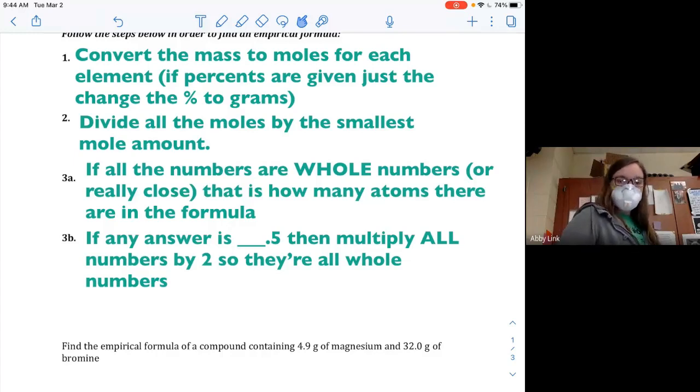And so really you want to think about the fact that those numbers are representing the atoms in the formula. You can't have a fraction of an atom. It just doesn't work that way. All right, so those are our steps. Let's go ahead and dive right into a problem and figure out how we're going to do these steps and make sure that we are capable of doing these steps and understanding the directions.